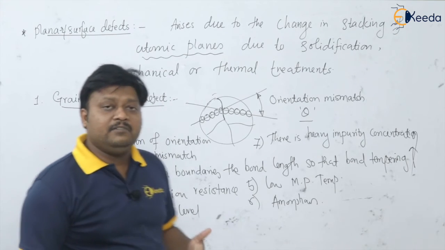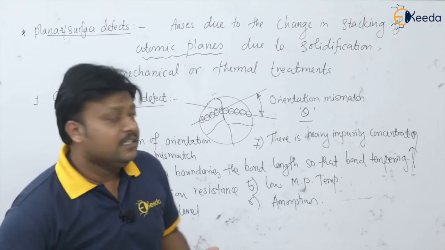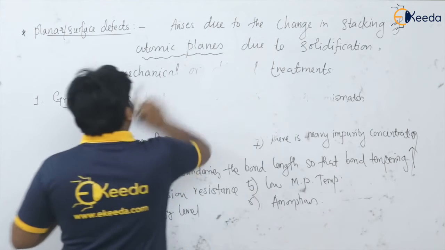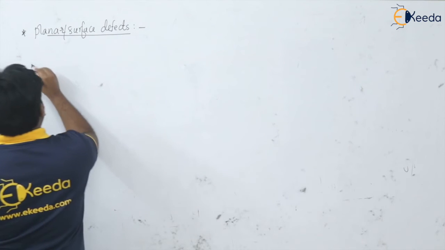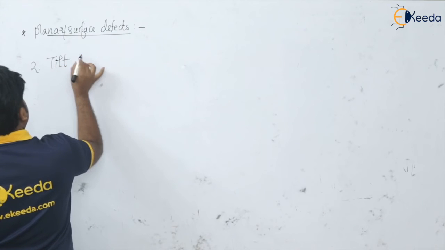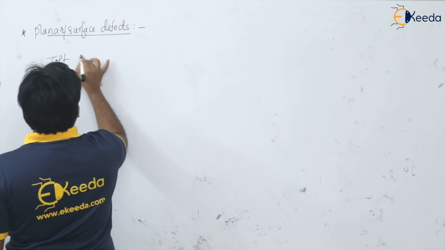After this grain boundary, we are having the tilt grain boundaries. Let us see that. So here the second planar defect is the tilt boundary defect.